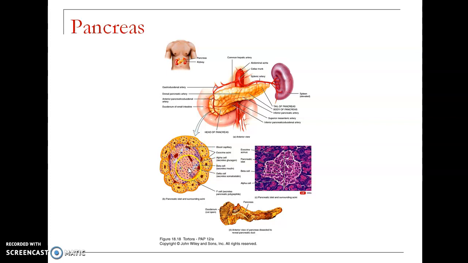The islet of Langerhans itself is made up of mostly four types of cells. This blue-violet stained one is the alpha cell, and the majority of the islets of Langerhans is composed of B cells, beta cells. The next one is the delta cell, and intermediately there will also be F cells.